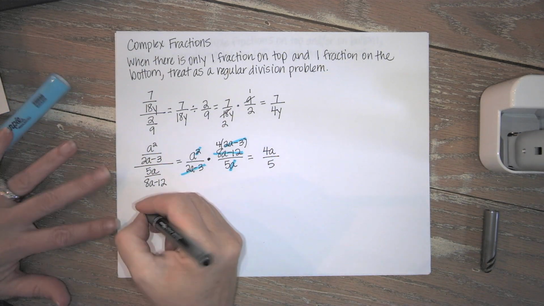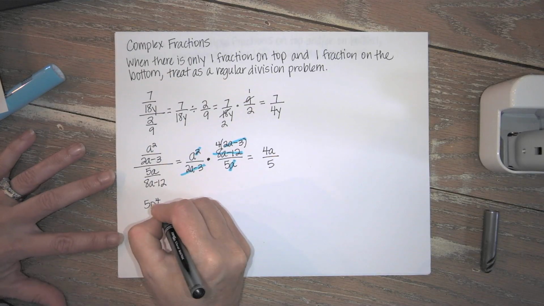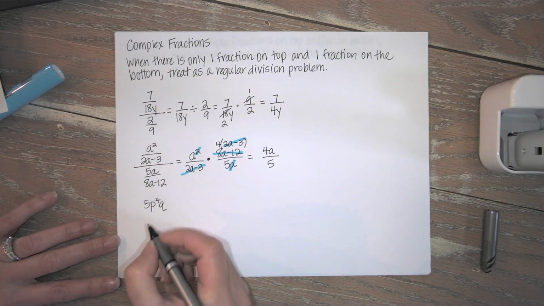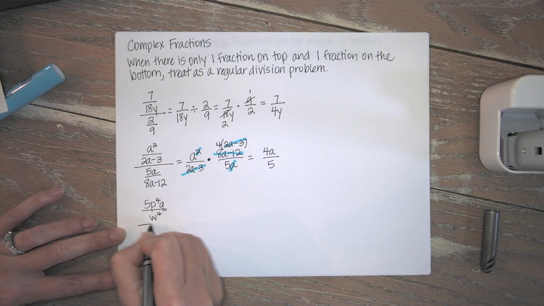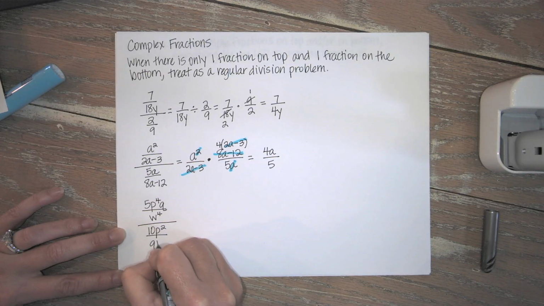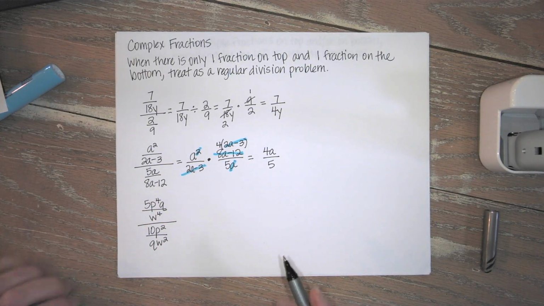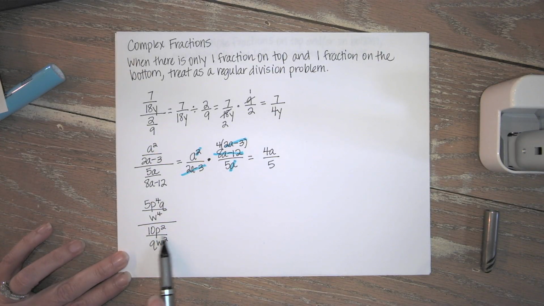All right, one more like this, and then we'll go on to the other type of problem. We've got 5p to the 4th q over w to the 4th over 10p squared over qw squared. Okay, once again, one fraction on the top, one fraction on the bottom.